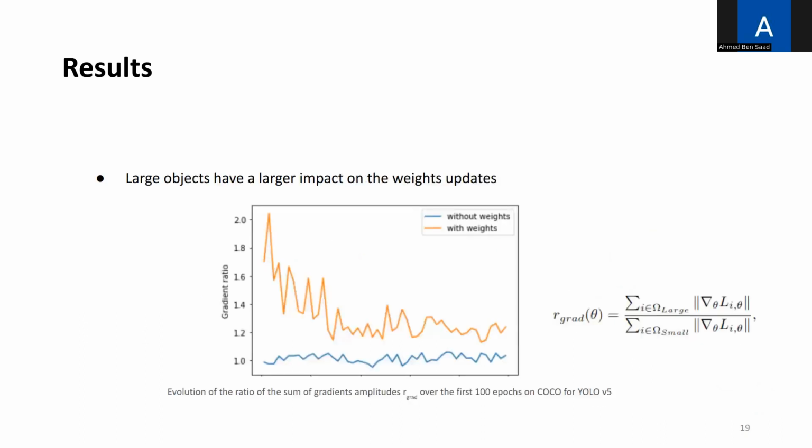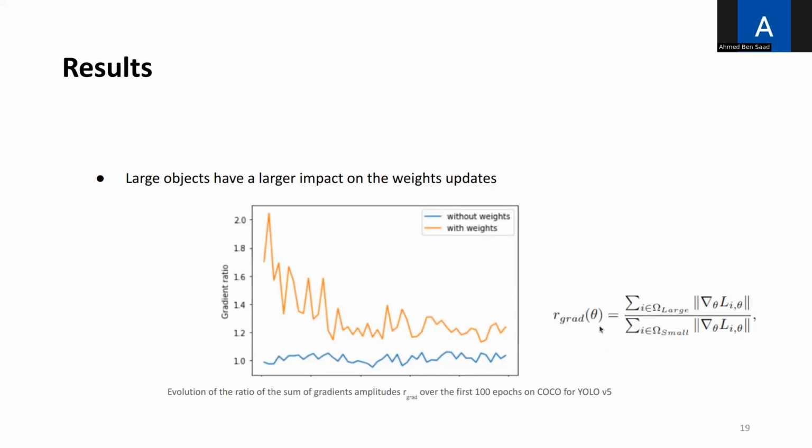We can also see this when we measure the ratio of the sum of gradient amplitudes over the first 100 epochs for large and small objects. So we take this quantity, which is the sum of the gradients of large objects with respect to the model parameters, over the same quantity calculated on the small objects.